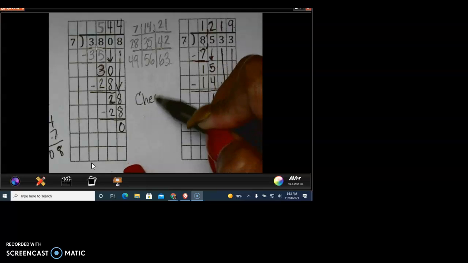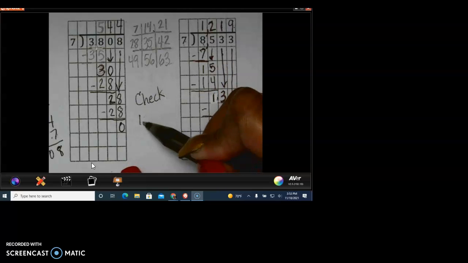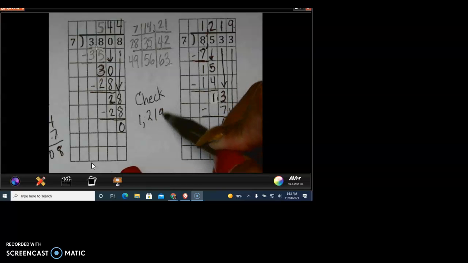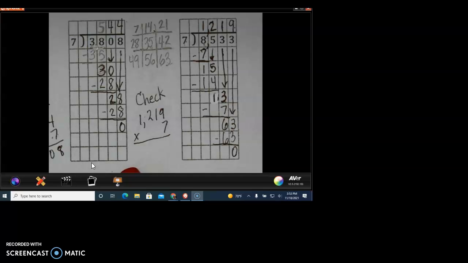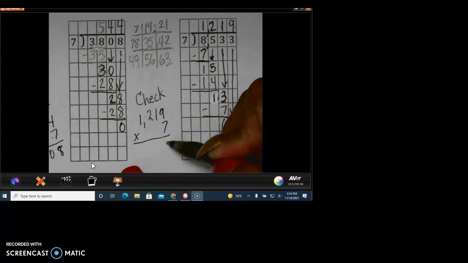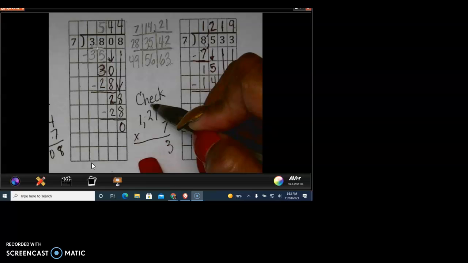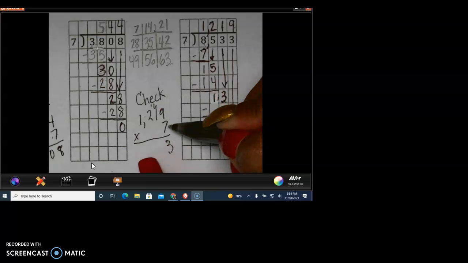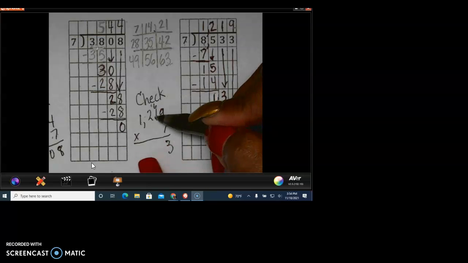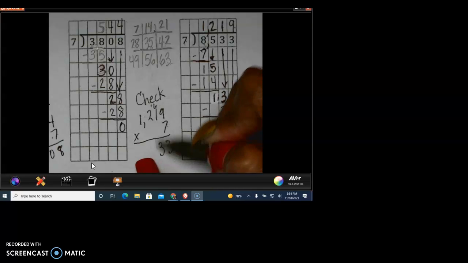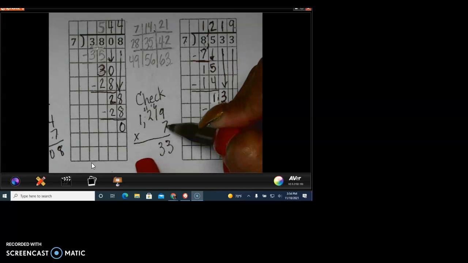To check myself, I will multiply 1,219 times 7. 9 times 7 is 63. Put the plus 6 up there. 7 times 1 is 7, and 3 more is 13. 7 times 2 is 14, and 1 more makes 15.